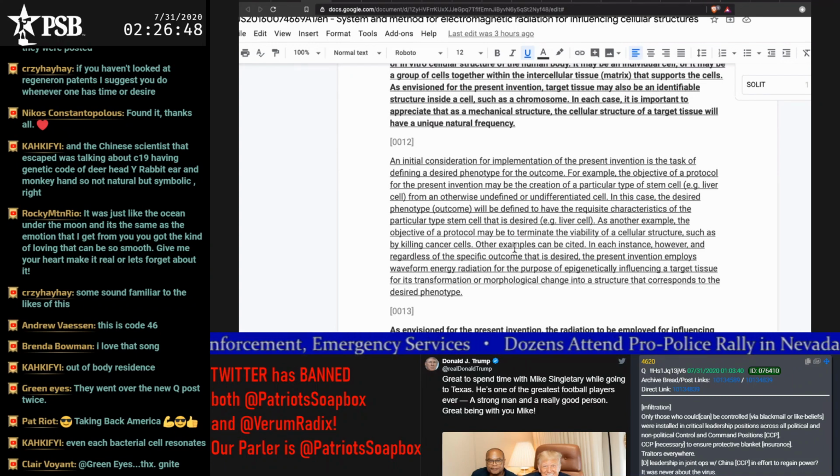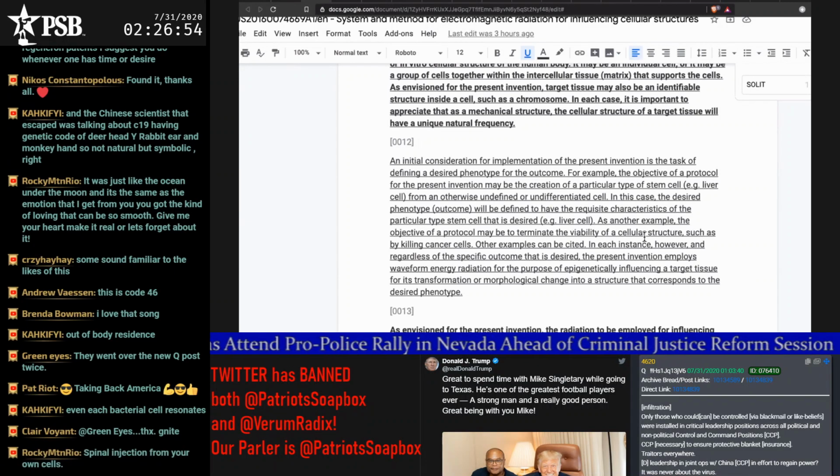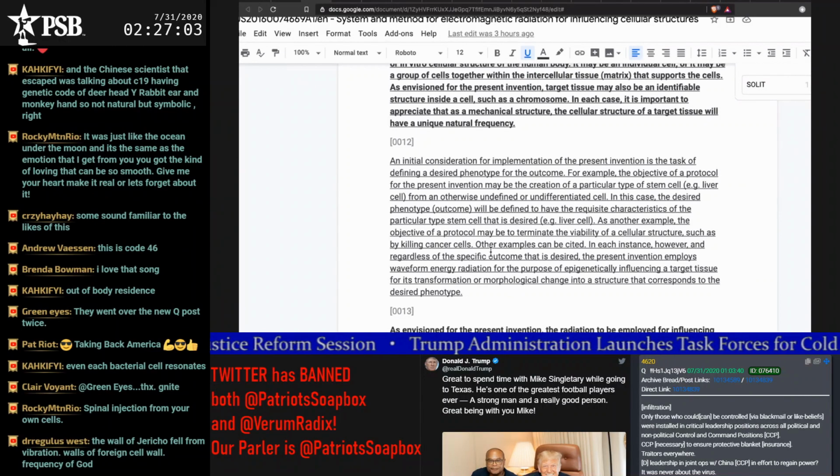As another example, protocol may be to terminate the viability of a cell structure, meaning to kill cells, such as by killing cancer cells. Now you can put 2 and 2 together, folks. If they can kill cancer cells, but they can grow liver cells, you think they can cause cancer? Just a thought. Other examples can be cited.